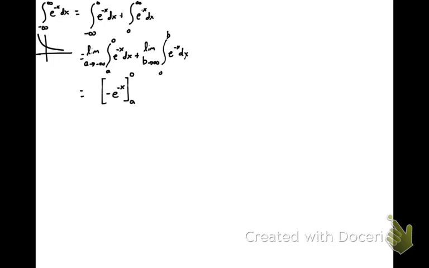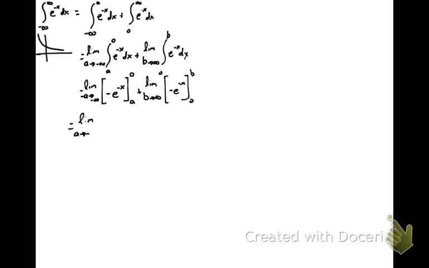And I've got the limit as a goes to negative infinity plus the limit as b goes to infinity of the integral of negative e to the negative x from 0 to b. And I'm approaching a point where I can actually take a limit, but I'm not there yet.